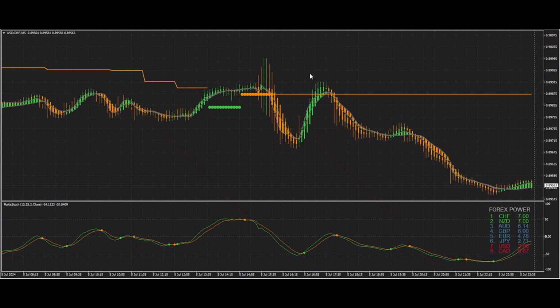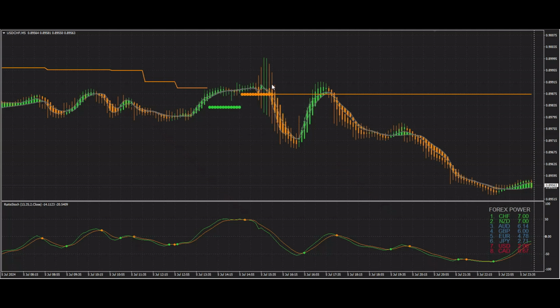So in this case, you should be looking only for opportunities to sell the market, because using the Forex power, you have already discovered that you have more strength in the Swiss franc compared to the US dollar. So your directional bias should be on shorting the market in this instance, because the strength of the Swiss franc is higher than that of the US dollar. This is what we'll be doing considering this particular point in time.